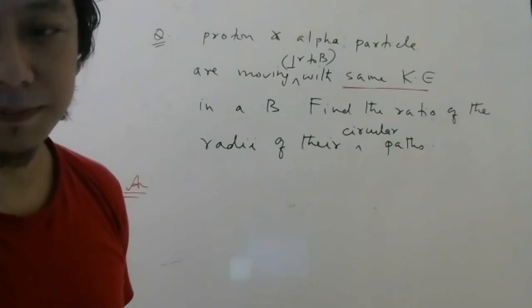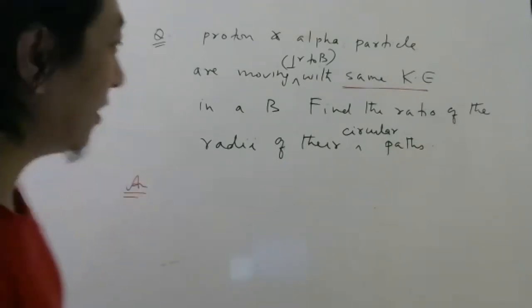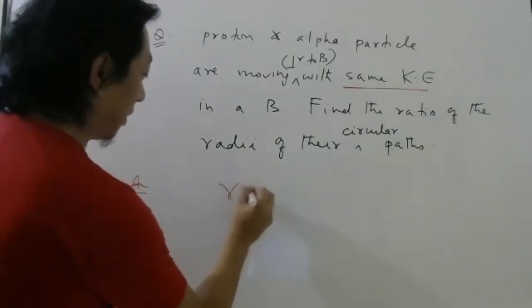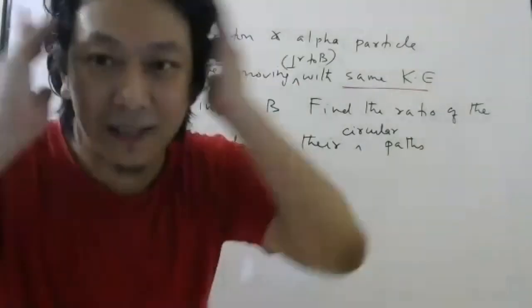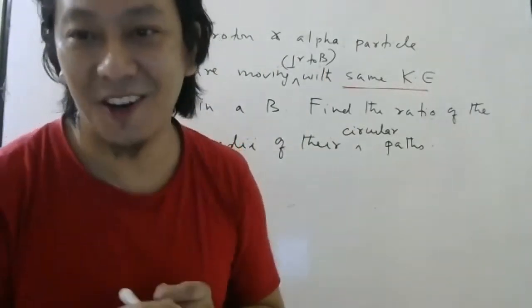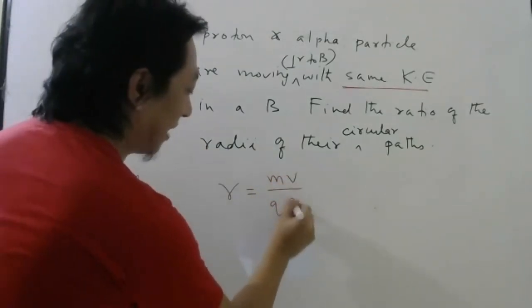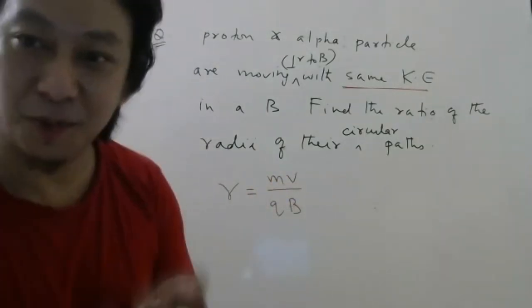What is the answer? 1:1. Let me see. So what is the formula for radius? See, in the exam, how will you do it? In the exam, you may not remember all the formulas. Right now you remember because just now I taught you. So you may only remember the standard formula, mv by qB, right? This one you will study for the board exam also.